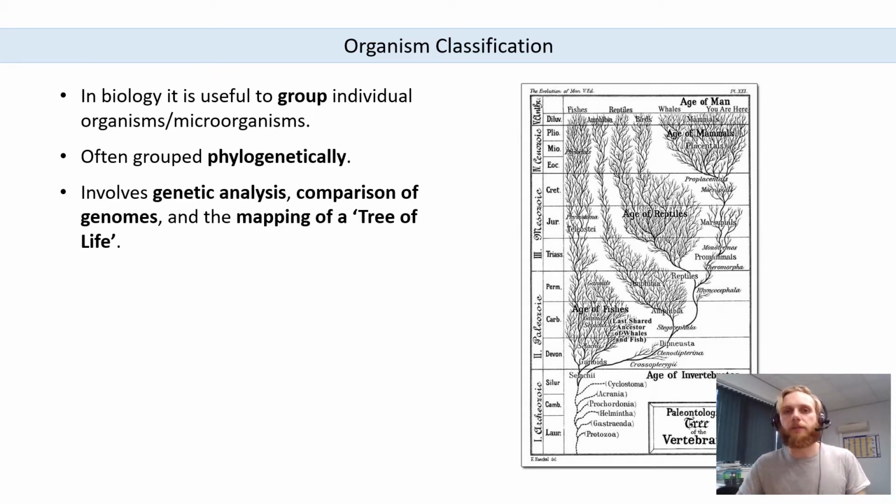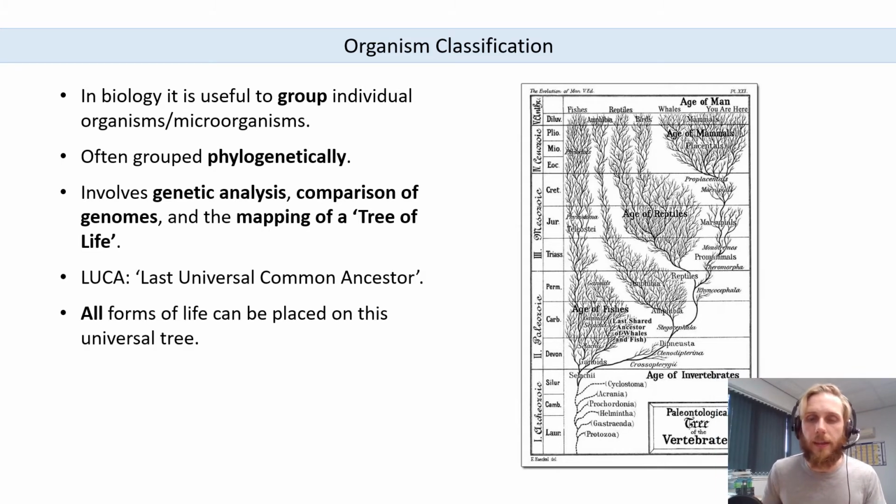When you classify organisms based upon genetic similarity, you end up with a tree of life, because the key thing to remember is that all organisms on Earth descended from a single common ancestor. We call this common ancestor the LUCA, the last universal common ancestor.